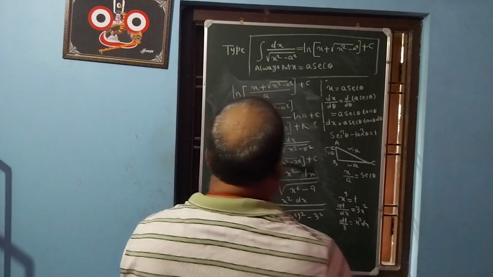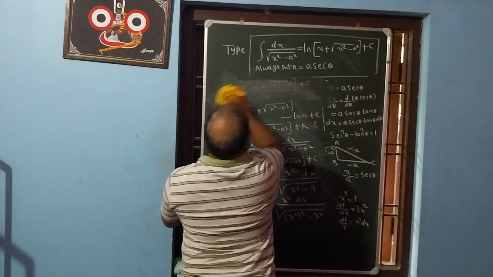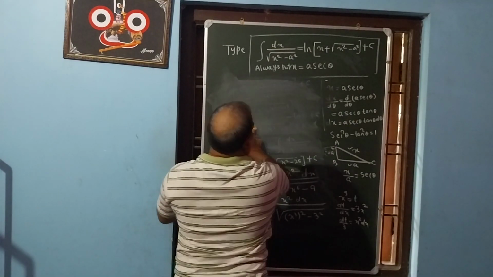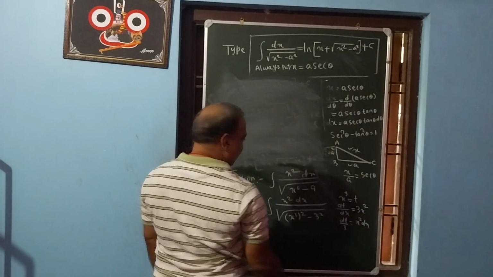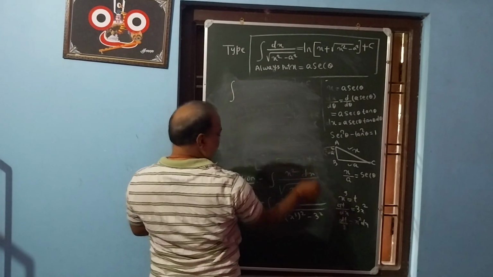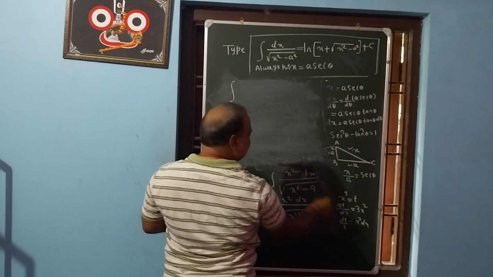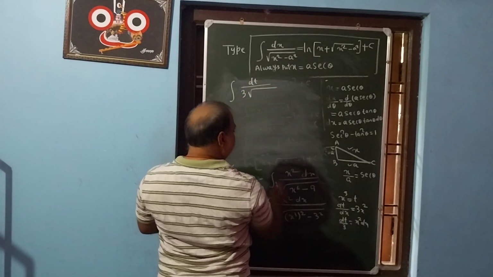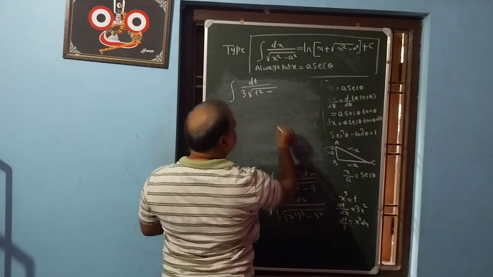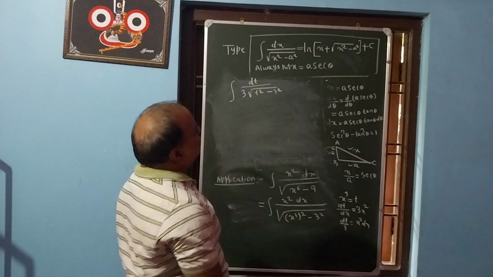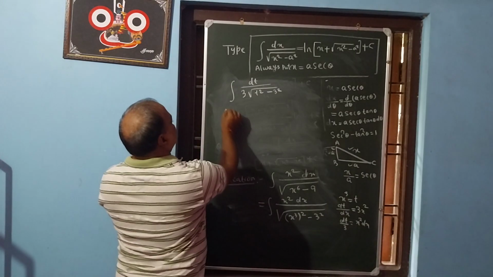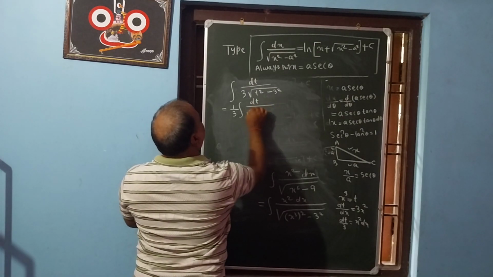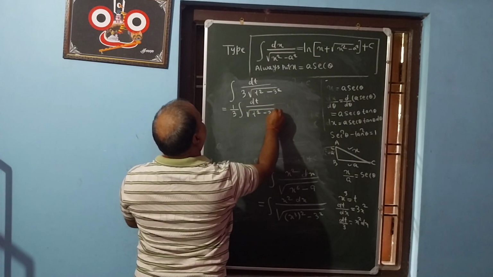So we get the integration of, in place of x square dx we put dt by 3, over square root of t square minus 3 square. 1 by 3 is the constant that will be coming outside, so that will be 1 by 3 integration of dt upon square root of t square minus 3 square.